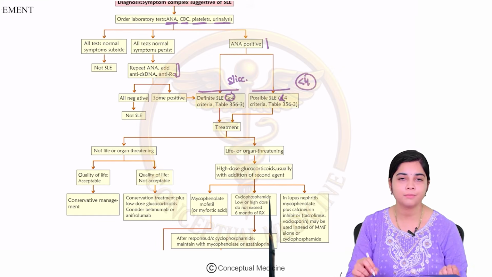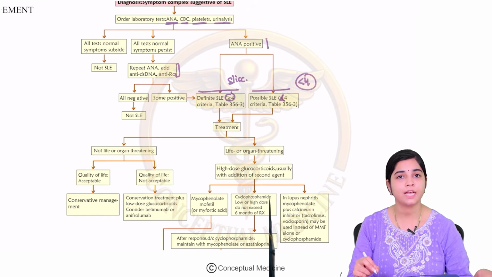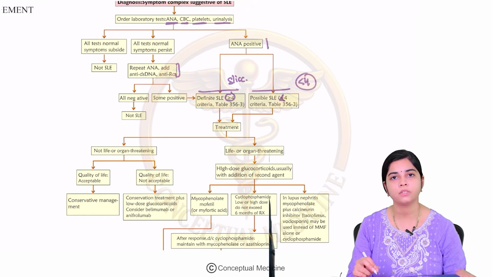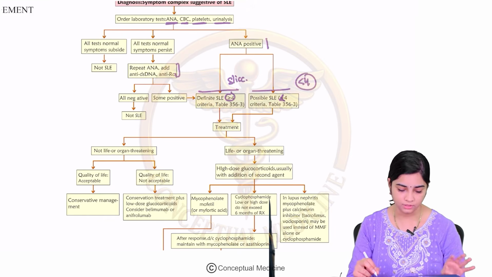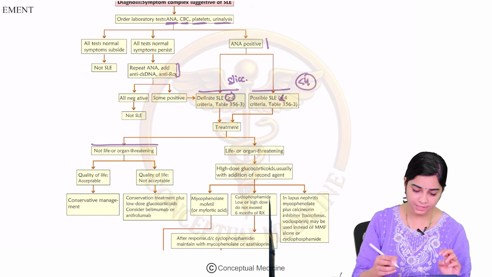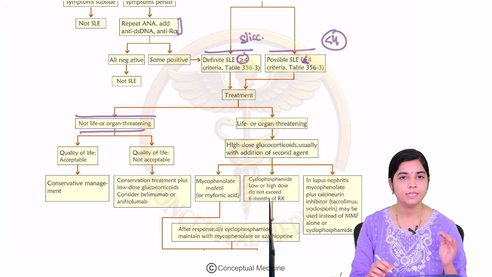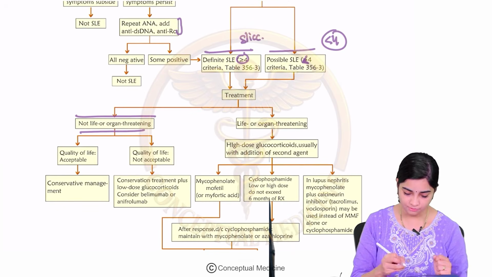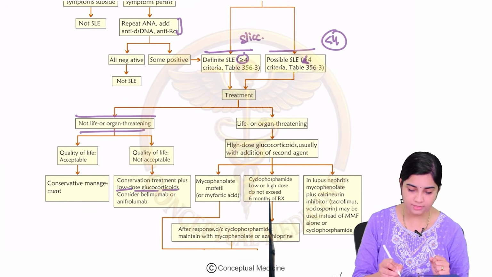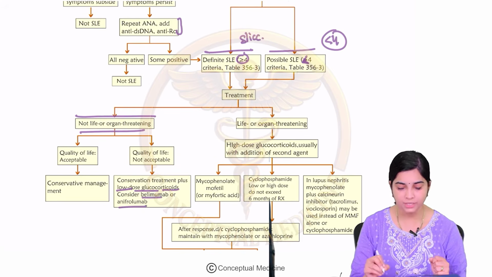To initiate the treatment, you have to see whether there is life-threatening organ involvement or there is no life-threatening organ involvement. If there is no life-threatening organ involvement, then you give a slightly lower dose of glucocorticoids. So you give them low dose systemic glucocorticoids. You may consider belimumab or anifrolumab.